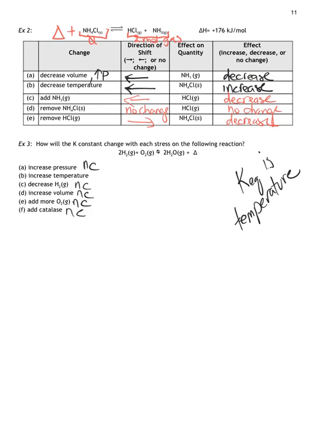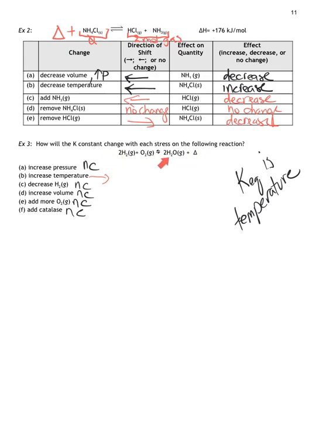So the one that is really the focus is temperature. To know what temperature is dependent on, you need to know whether the reaction is endothermic or exothermic. So in the forward direction, it looks like it's exothermic, okay? In the reverse direction, it's endothermic.